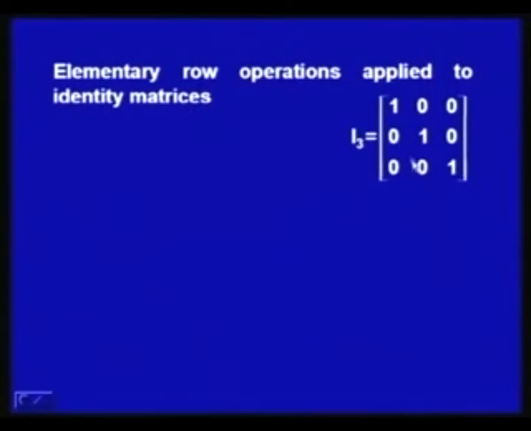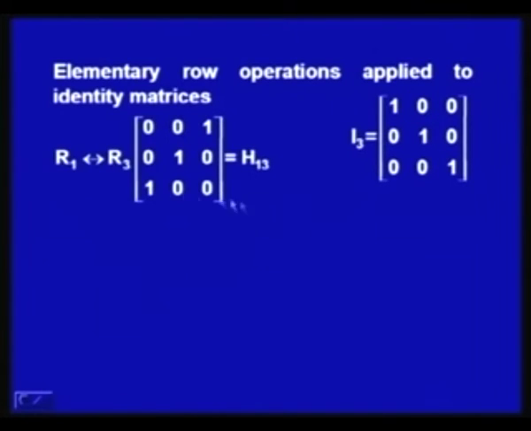Now, when these elementary row operations are applied to an identity matrix, let us say I consider I3, that is a 3 by 3 identity matrix, and I apply an operation R1 interchange R3. So, when I interchange the first row with the third, then this one will come here and this one will come here.